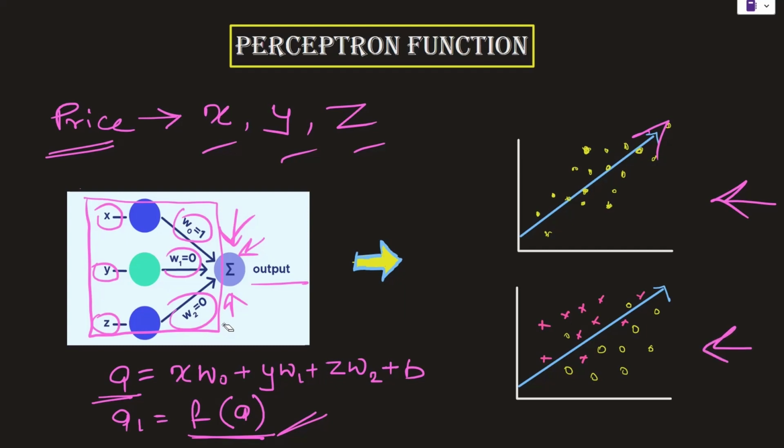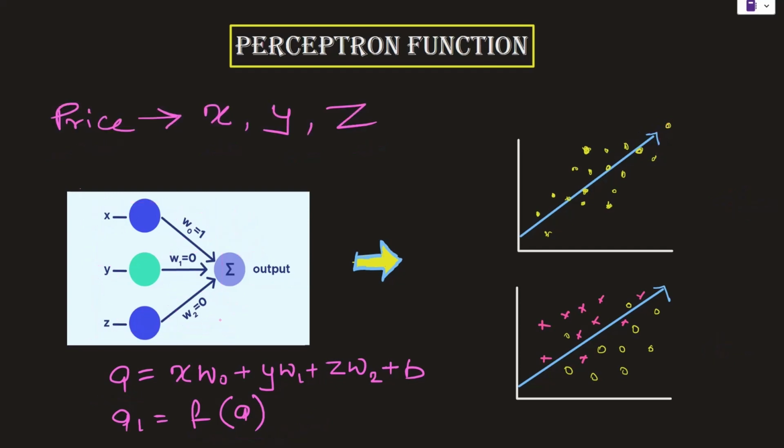So in a nutshell, this is what is happening when we are talking about the function of a perceptron. So let me quickly erase these things and let's have a quick recap around the perceptron function. We will take the input values for all the features, which will then be multiplied by the respective weights, and the final equation will be sent to this layer where we have an activation function.